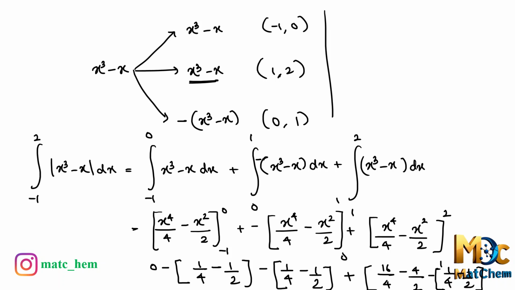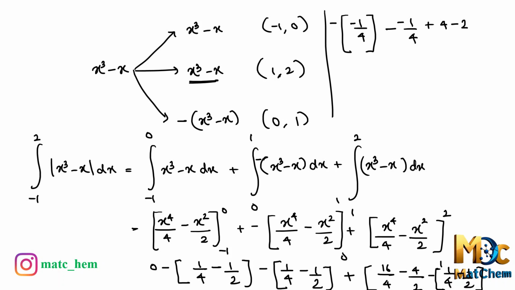You are getting a negative sign of 1 by 4 minus 1 by 2, which equals minus 1 by 4. Then plus 16 by 4 is 4, minus 4 by 2, equal to 2.